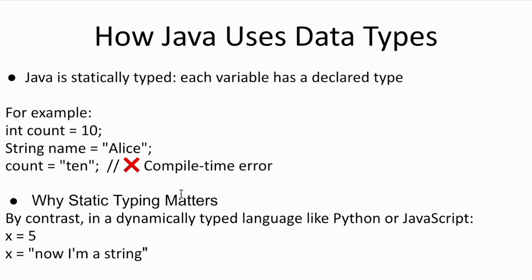By contrast, in a dynamically typed language like Python or JavaScript, you can write this code. You can first declare that x is 5, then assign a string to x. This flexibility can be convenient, but it also introduces risk since you might not discover a bug until runtime.